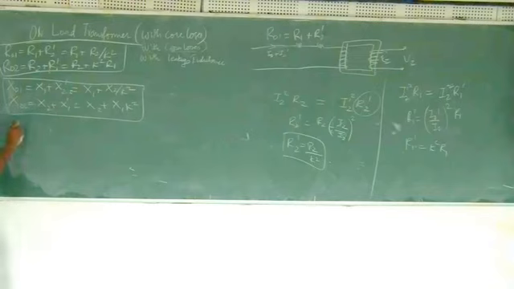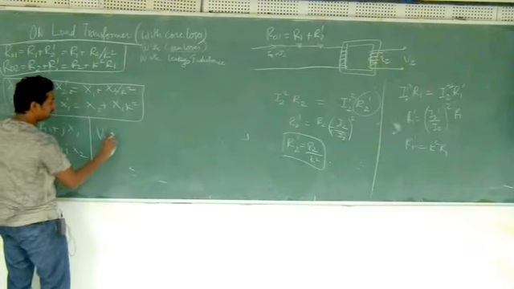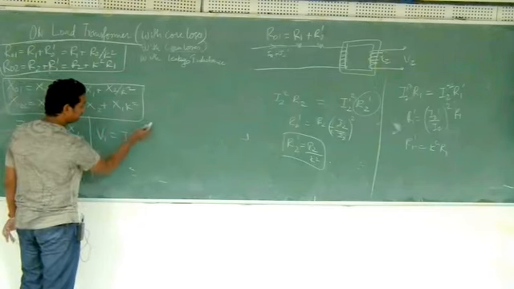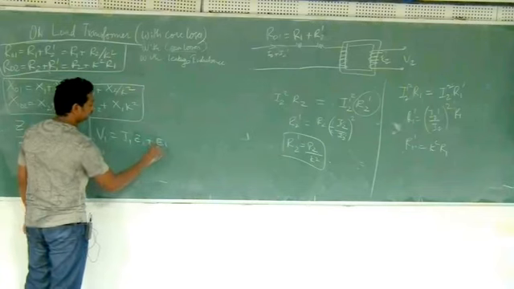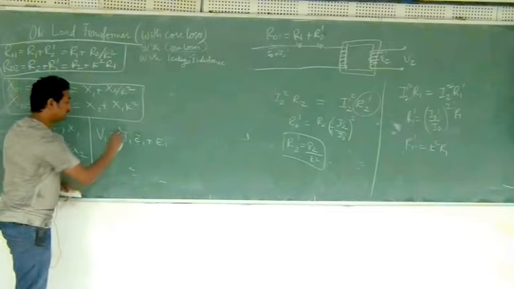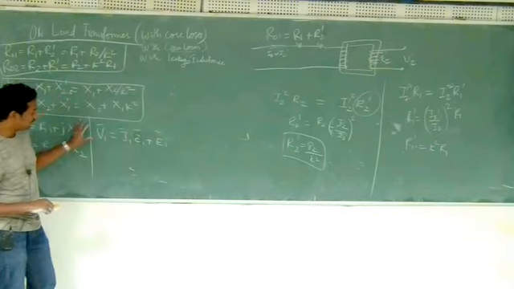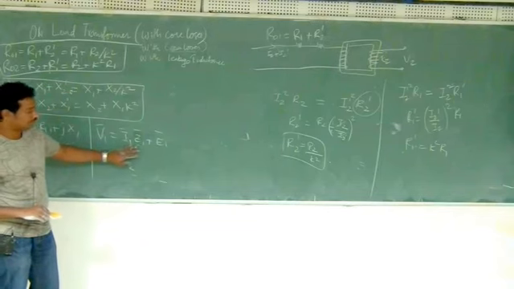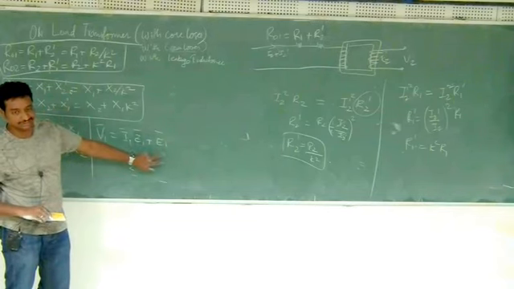Now I can define Z1 equal to R1 plus jX1. So this is the impedance of the primary side only. Z2 is R2 plus jX2. This is the impedance of the secondary side only. Now I can write V1 equal to I1 into Z1 plus E1. So some voltage is dropping in this impedance. These are all vectors now. I apply a voltage, some voltage is dropping, and the remaining voltage is coming out as induced EMF.